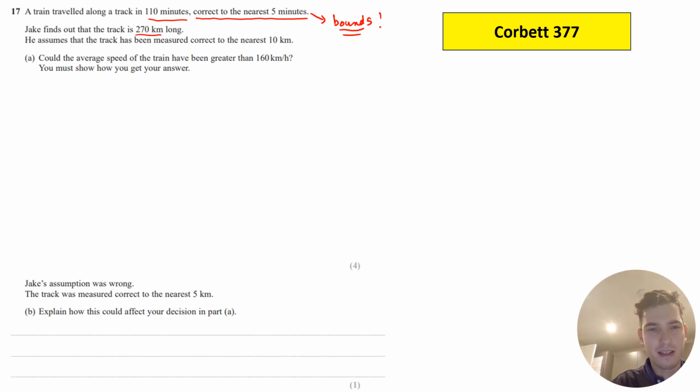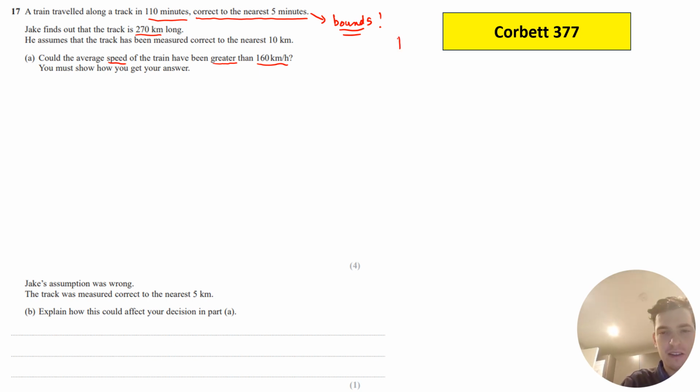Okay, so that is a distance. I've also got a time. And then it's telling me in part A, could the average speed have been greater than 160 kilometers per hour? So I think this is actually a combination of a bounds question and a distance, speed, time question.